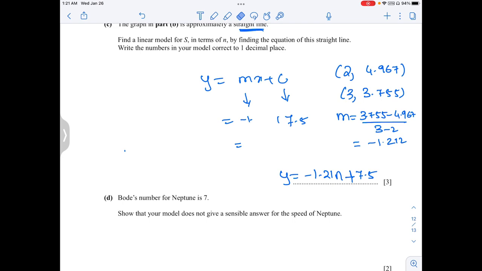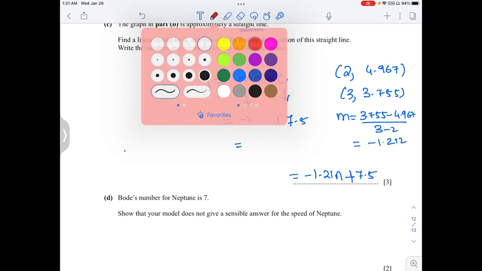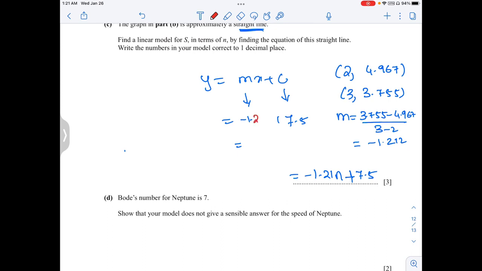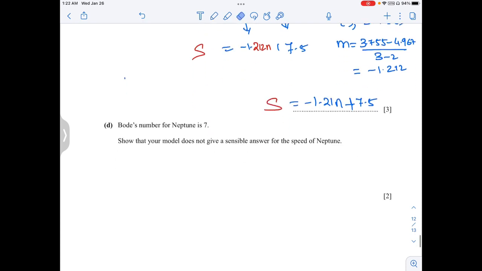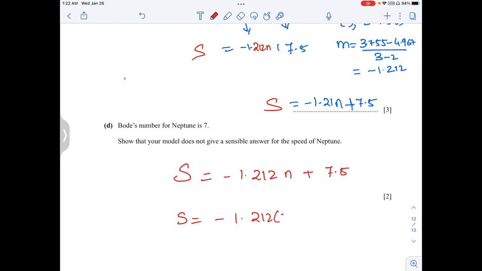See very carefully, this is a small error, so I'm writing it out in red color. So s is equal to negative 1.212 n plus 7.5, where s is speed. For Neptune, n is 7: negative 1.212 times 7 plus 7.5.